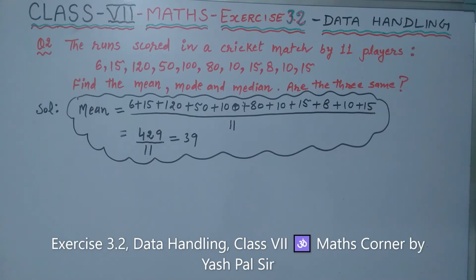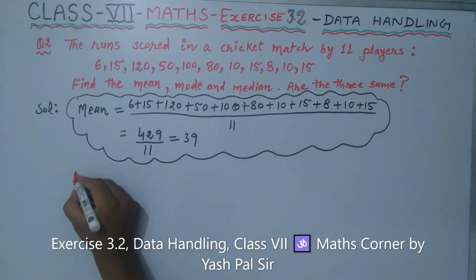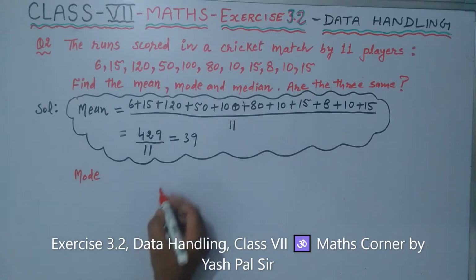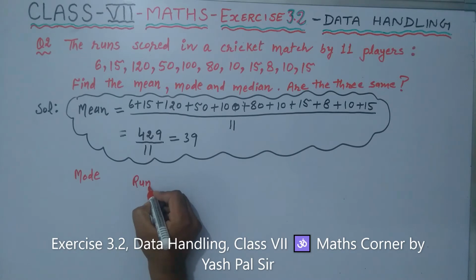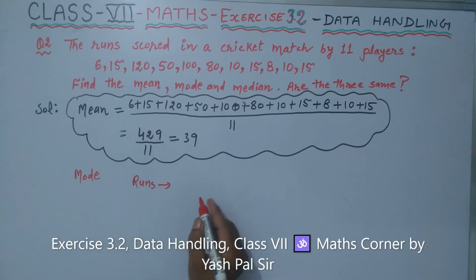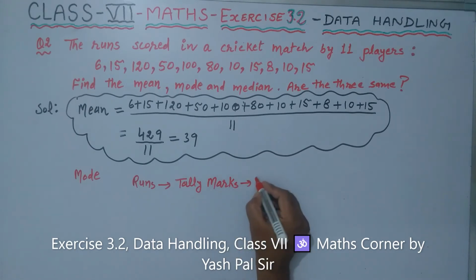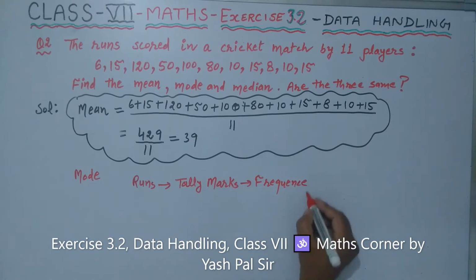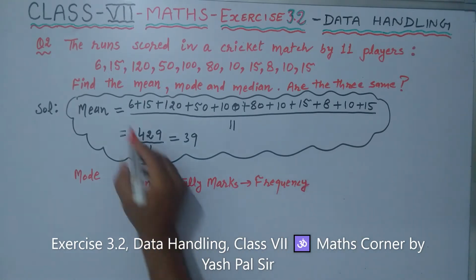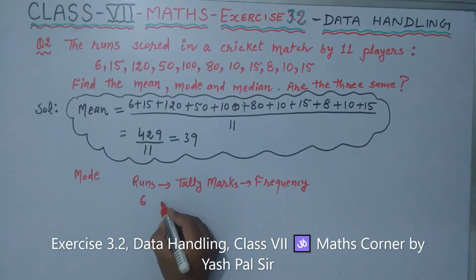Now what is the next work? Our next work is to find the mode. So for mode, what we do? First of all, we write the scores, runs, then tally marks, then frequency. Okay, so first of all, the smallest number is 6.